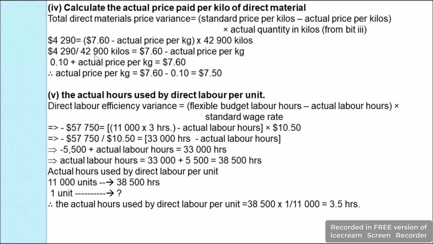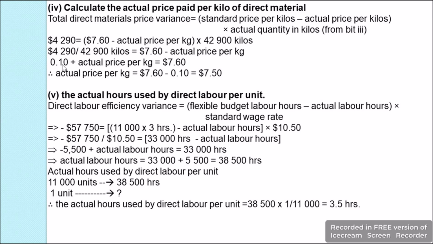Then we are multiplying here 42,900. So when we take it to the other side, it will be in division. So it will be 4,290 divided by 42,900 will be equal to $7.60 minus the actual price per kg. When we divide this, we get 0.10. Actual price per kg is in subtraction on this side. So if we take it to the other side, it will be in addition.